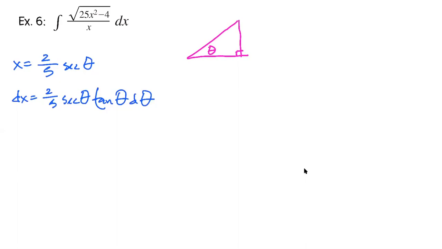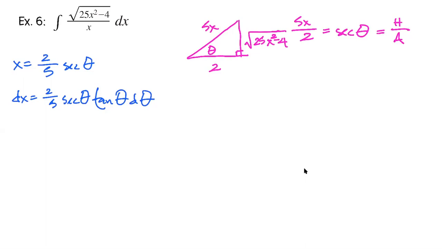I know that we have 5x over 2 equals secant theta. And we know that secant is the hypotenuse over the adjacent. So my hypotenuse is 5x. My adjacent is 2, which is perfect because that square root that was in my problem is my missing side. Good, okay?